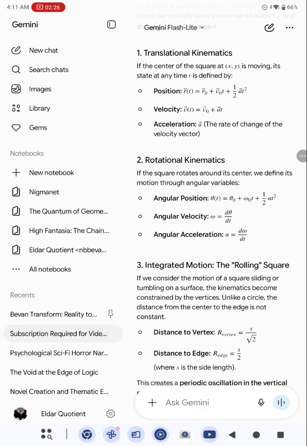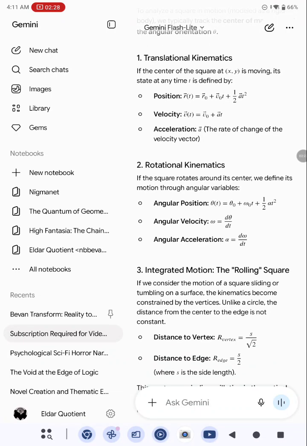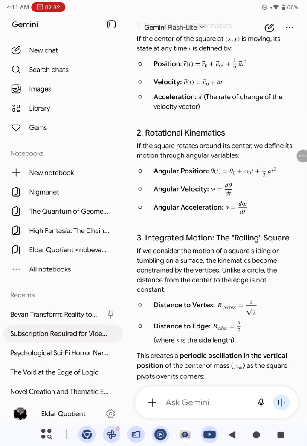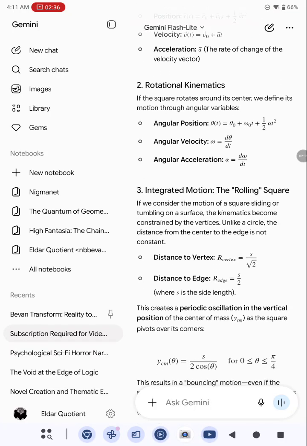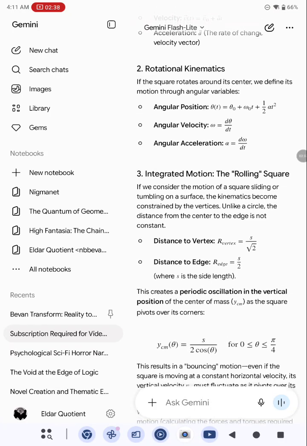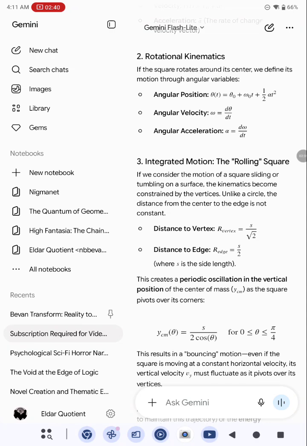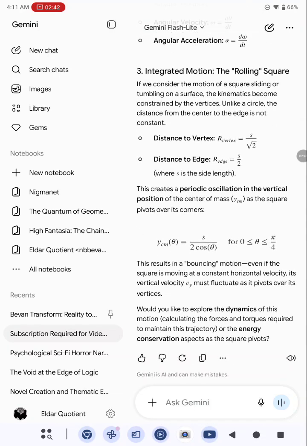There's going to be translational kinematics through position, velocity, and acceleration. Rotational kinematics: the square rotates around its center, and we define its motion through angular variables.